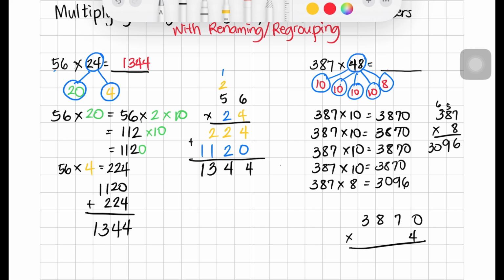And I just multiply this by 4 because it's the same thing as adding them together. So that would be 0, 28, regroup 2, 32, 34, regroup 3. 3 times 4 is 12 plus 3, 15. And then I will be adding that to 3,096.